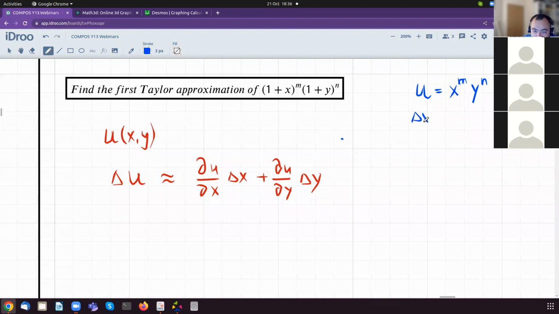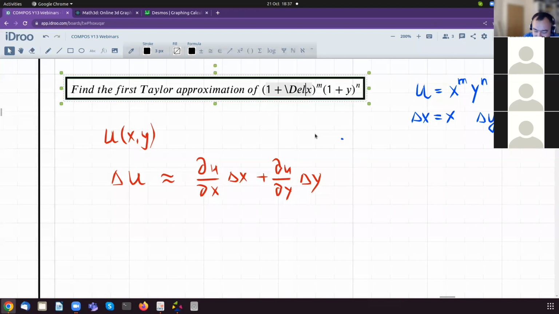Delta x is x, and delta y is y. Now this is probably the hardest bit because of this super confusing notation. So what we actually mean is this.